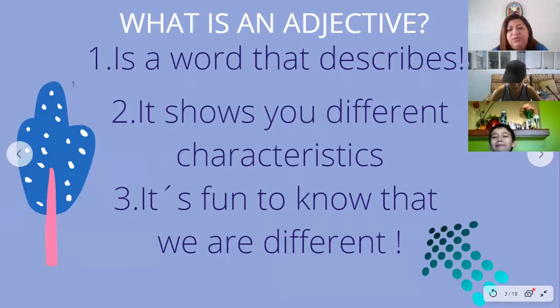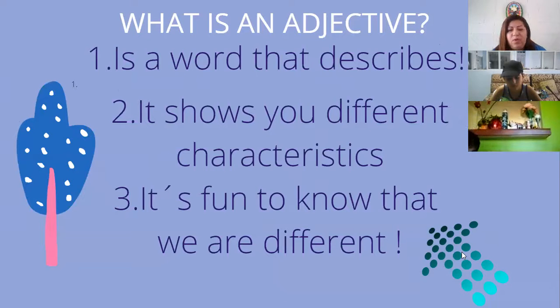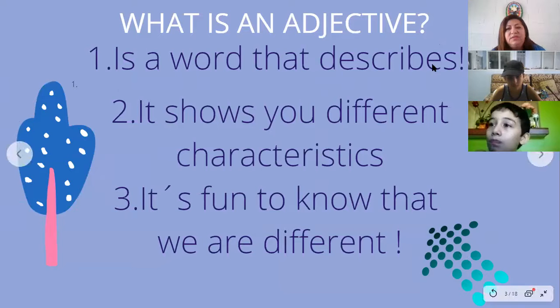First of all, we are going to learn what is an adjective. An adjective is a word that describes. They describe different characteristics of an object, of a person, of an animal, of a place. Number two, it shows different characteristics.